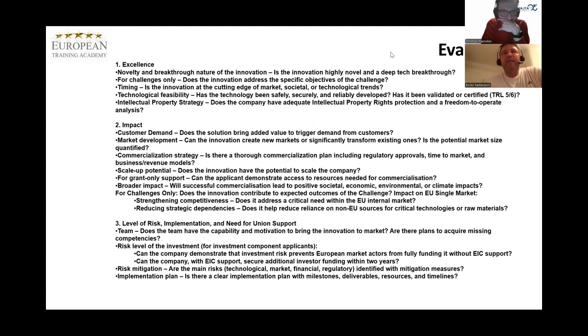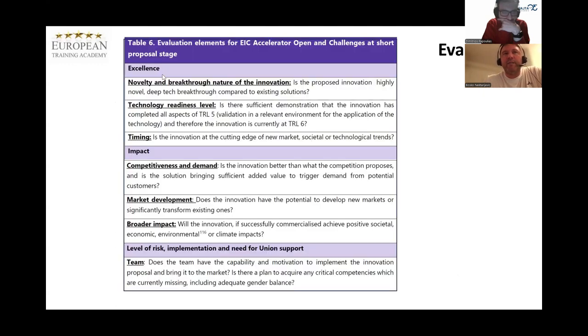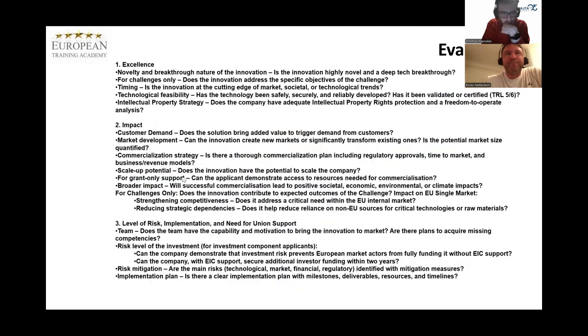Essentially, you don't have too many added questions. Look at this: 1, 2, 3, and then the impact, these three essential, and then in terms of level of risk, you have team.